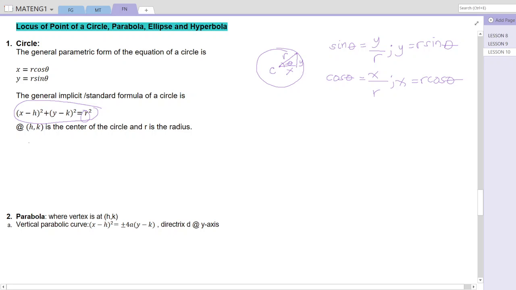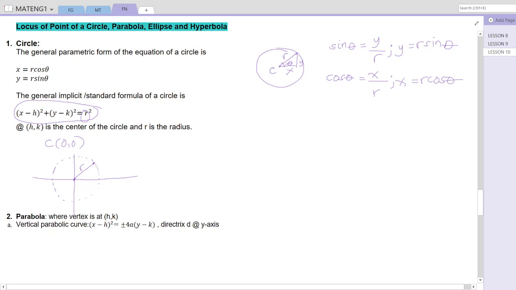If we are going to draw that at center (h, k), let's say at the origin, I'm going to draw the center at the origin. So if that is radius r from point (x, y), it forms a circle.